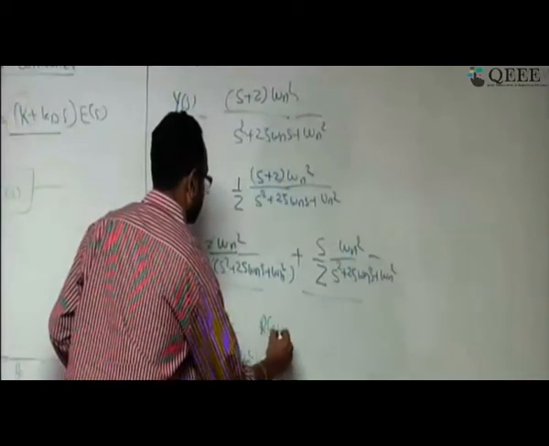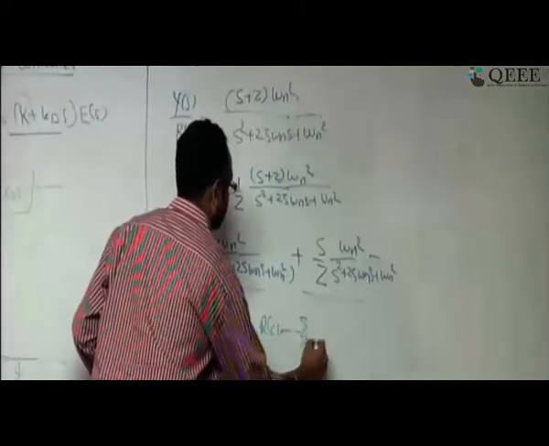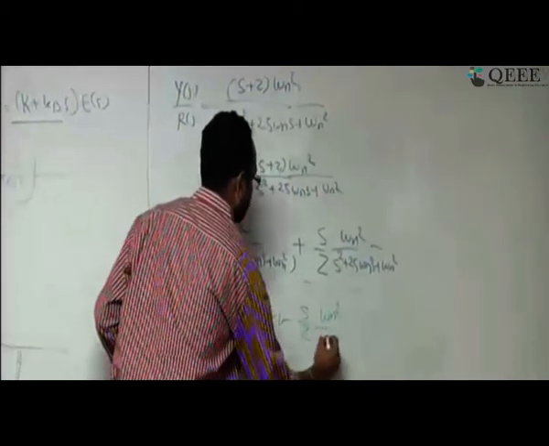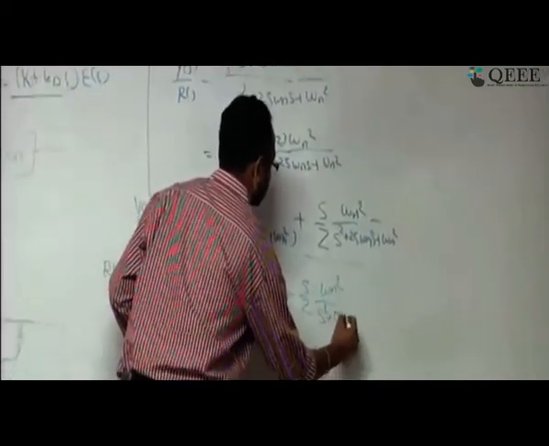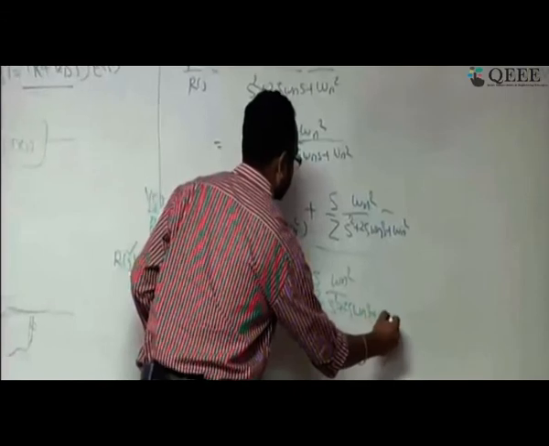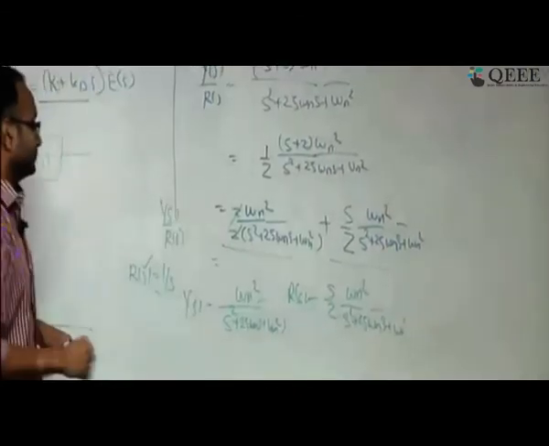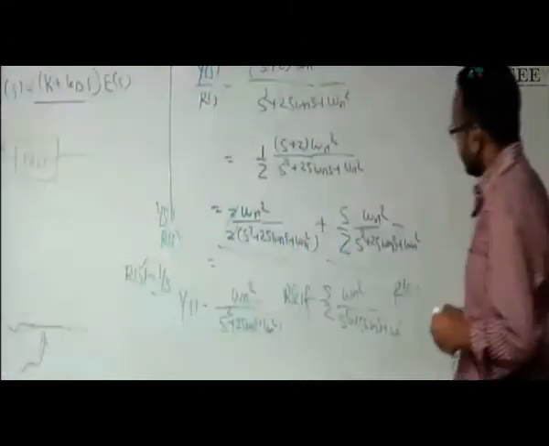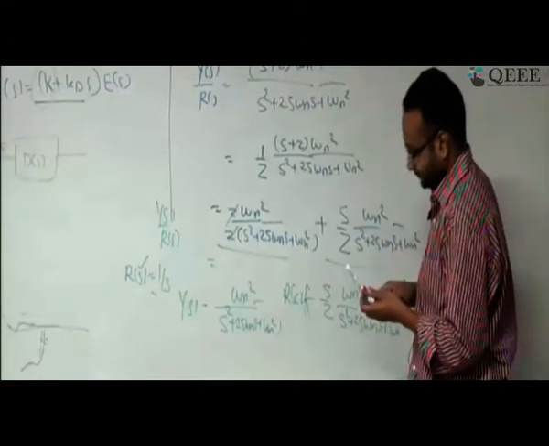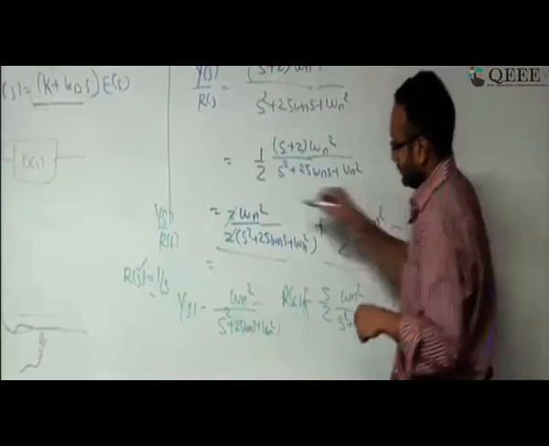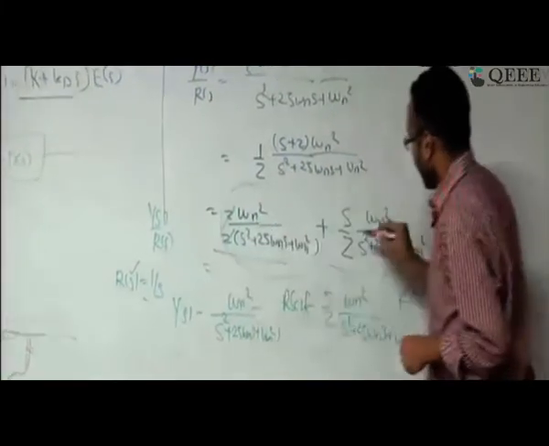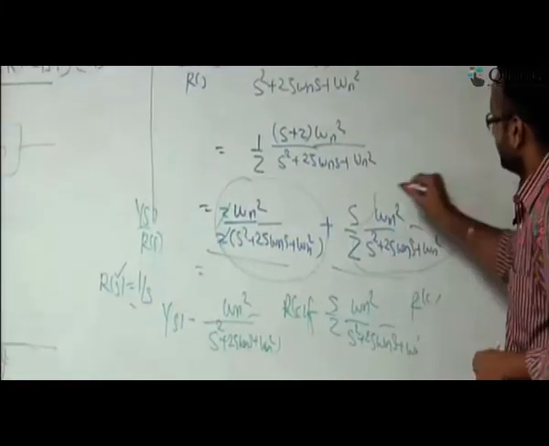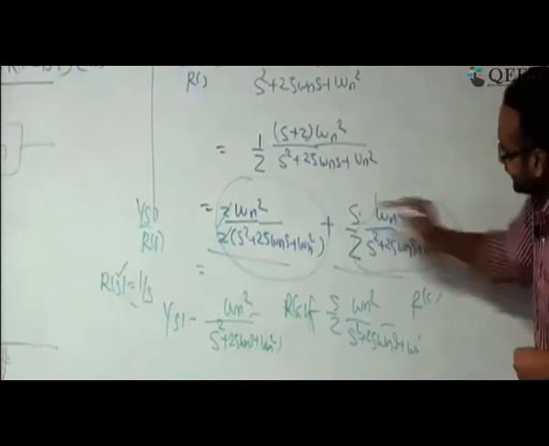Plus s by z times ωn² over s² plus 2ζωn s plus ωn². Now one interesting thing one has to look at, because the R(s) also will be there. You look at this term, and here also one term is there.